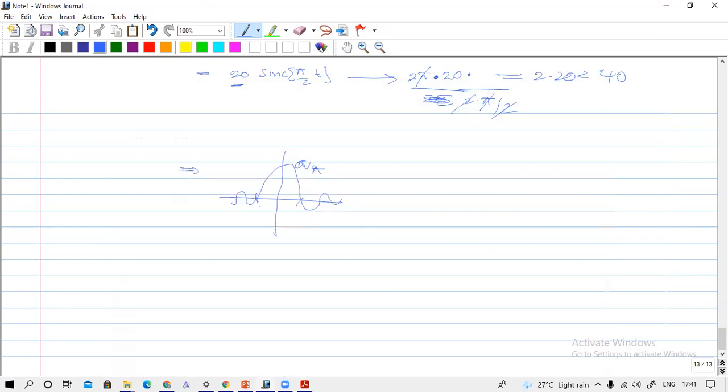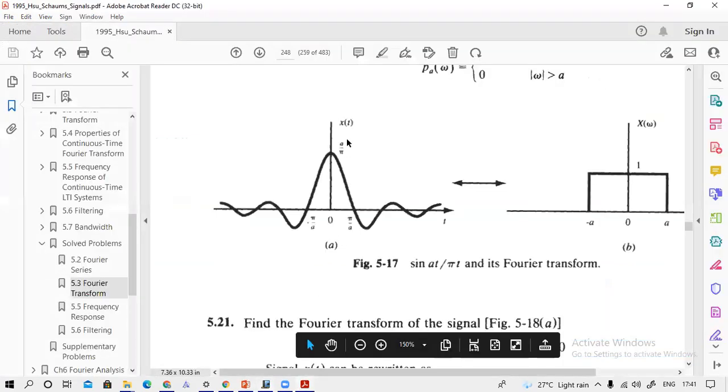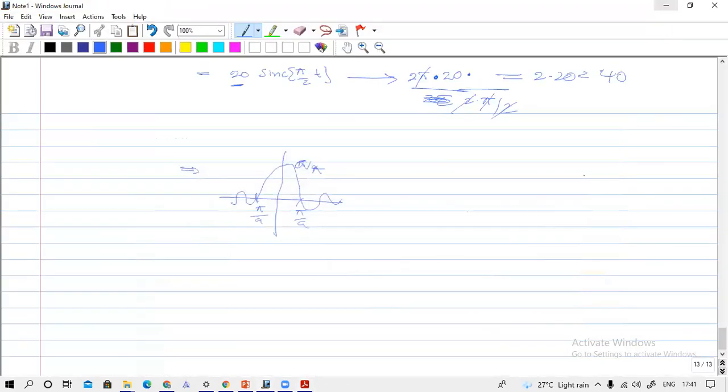And this is 5 by A. A by 5, 5 by A. Now we have Fourier transform as, spectrum as X omega. So here we have minus A plus A.